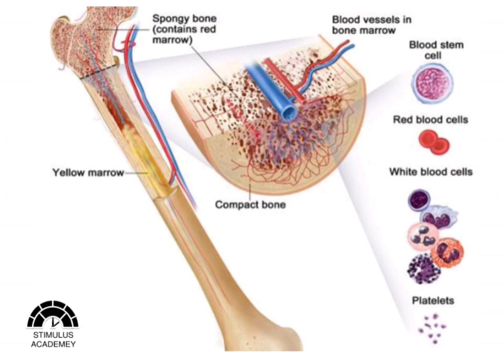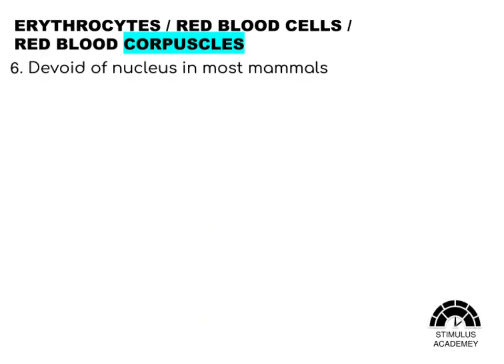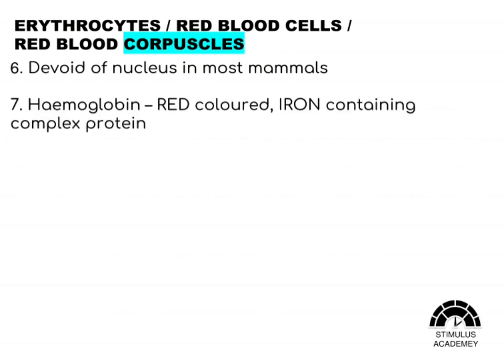White blood cells are WBCs, that is leukocytes, and we have seen that leukocytes are of two types, agranulocytes and granulocytes. So all these types of cells are formed in red bone marrow itself. These RBCs are devoid of nucleus in most mammals.